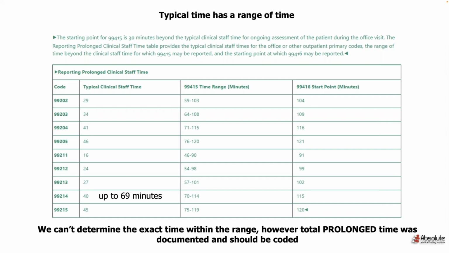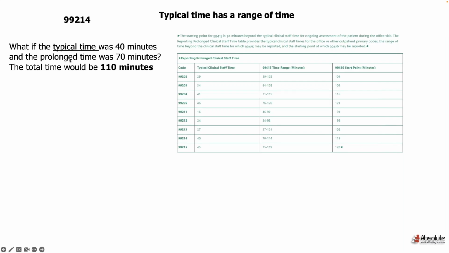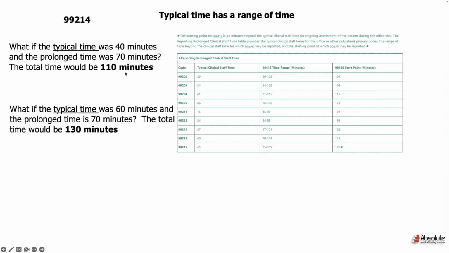Further, I want to give you an example. Let's say the doctor has a 99214 visit. What if the typical time documented was 40 minutes and the prolonged time was 70 minutes for one encounter?